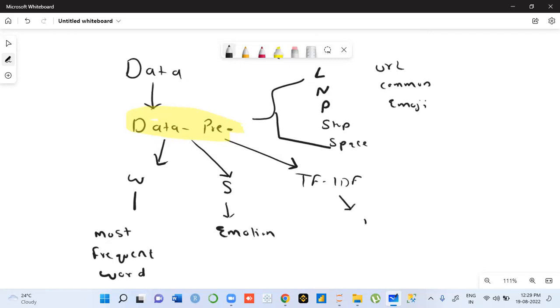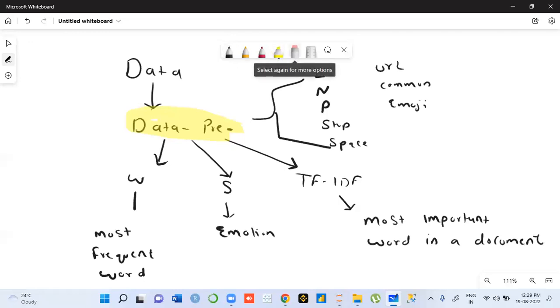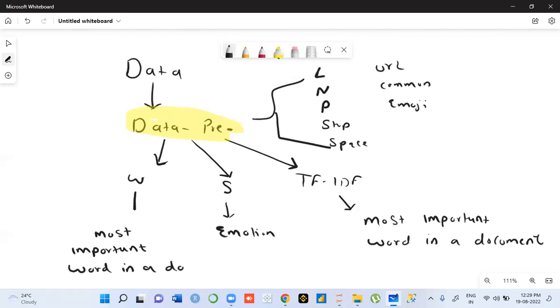TF-IDF is not just frequent, it is more than frequency. Now clear? Yes, sir. Got it.